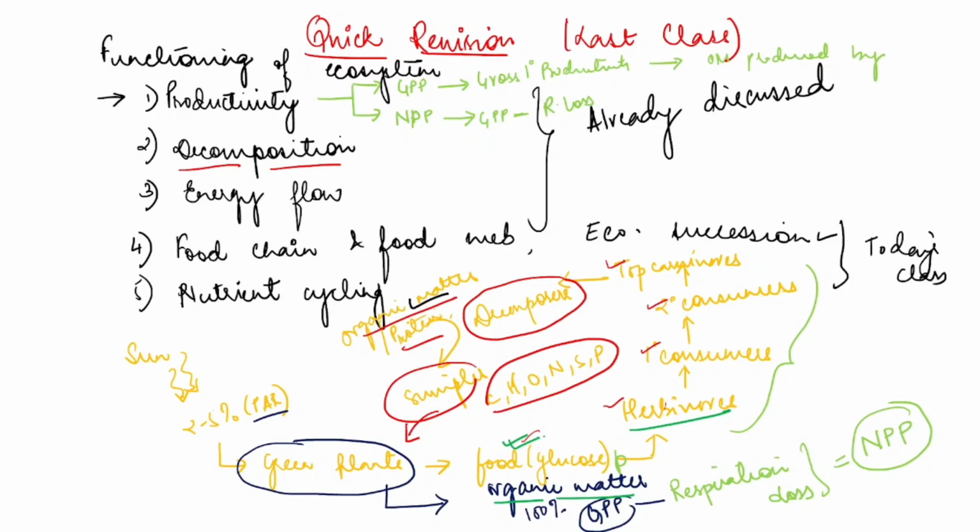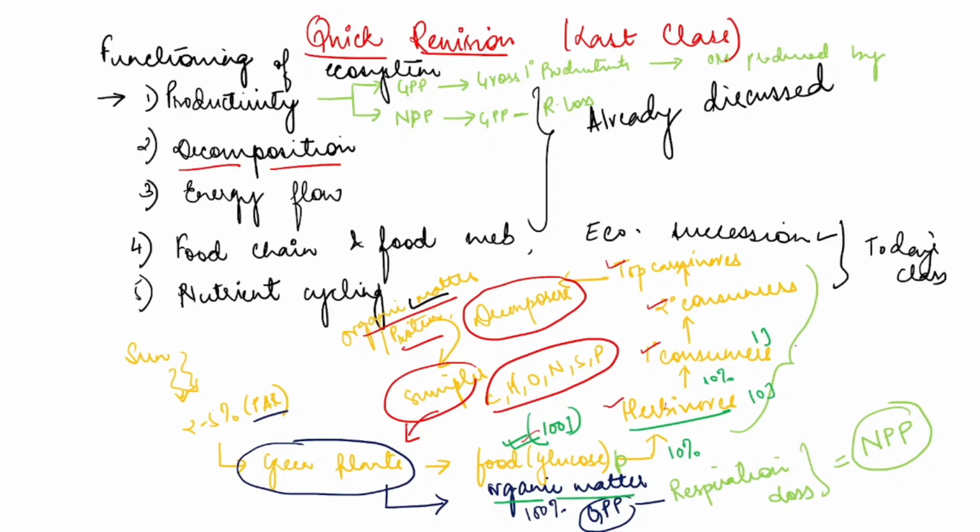Eating food means we are getting energy. Suppose 100 joule of energy is produced by the plant. Now among 100 joule, 10% of energy will pass to the herbivores. That means it is 10 joule, right? So from herbivores, again 10% of energy is passed to the consumer, 1 joule, then secondary consumer, then top carnivores, right?